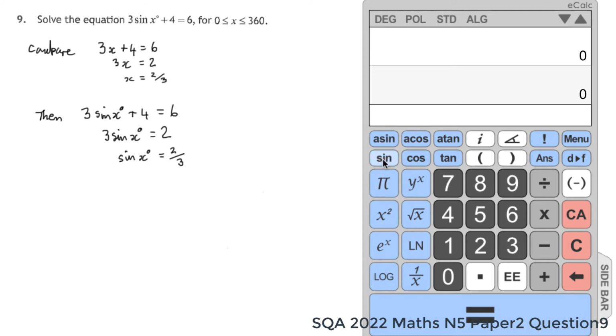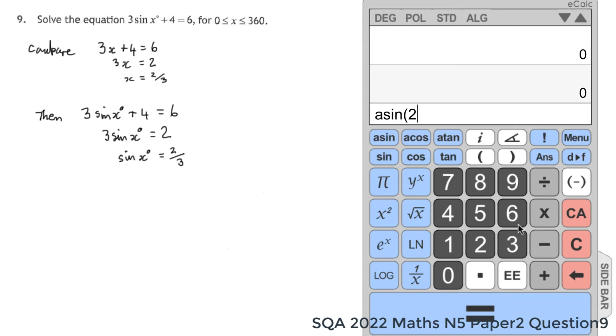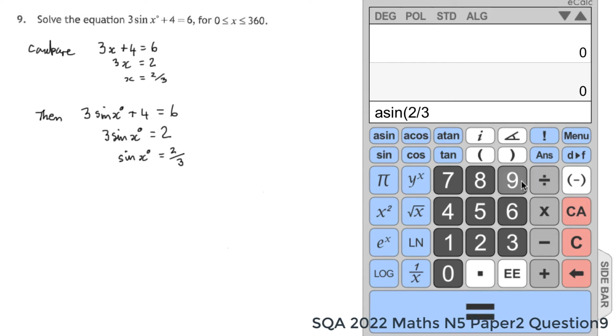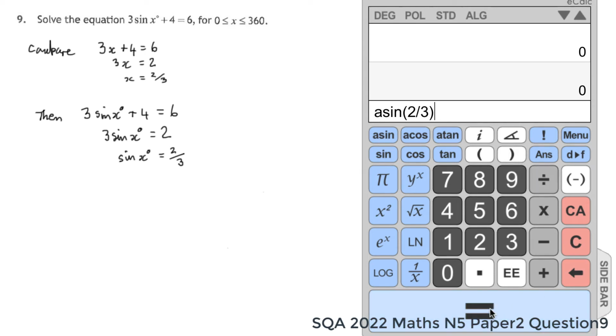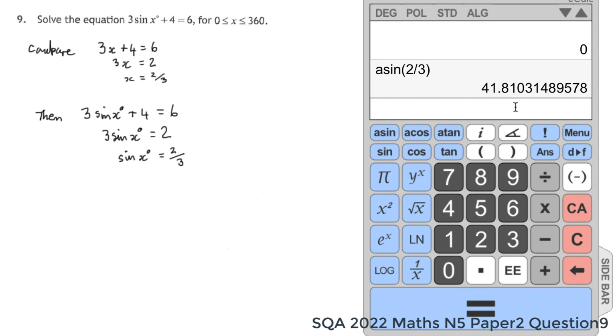This button is the sine of a given angle, but we're trying to find the angle, so we would use this button, the angle whose sine is, or sine to the -1 is another indicator of the correct key. So the angle whose sine is 2/3, and we get this 41.8.